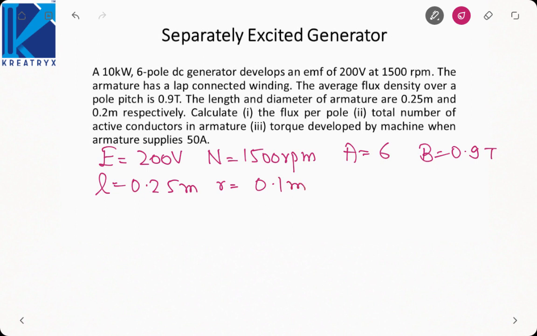We need to first calculate flux per pole. Now I know flux is equal to B into area, which means flux per pole is B into area per pole.